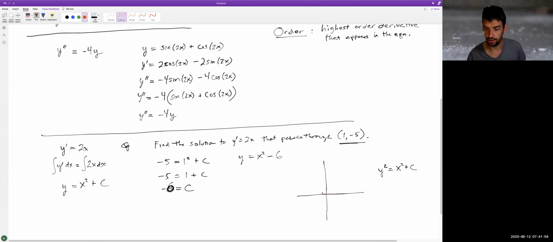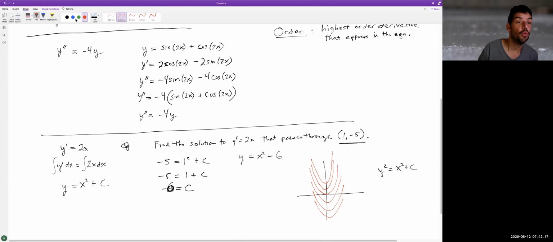There are all these parabolas that satisfy this equation. My picture's not perfect, but we get the idea. Pretend those are all perfectly aligned. One of them passes through this point (1, -5). And so this algebra we did here picked out which one of these infinite solutions we were in particular talking about.